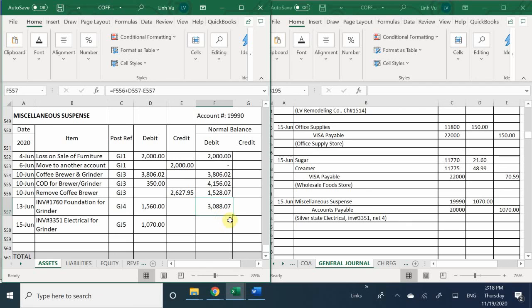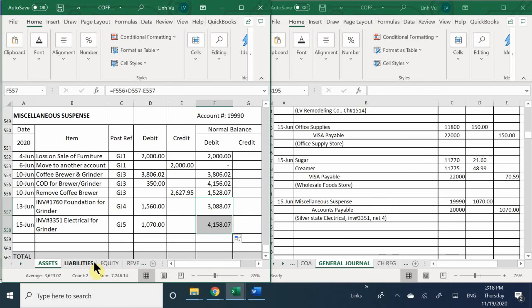And equals this. Bringing our total to $4,158.07. Good. Okay.